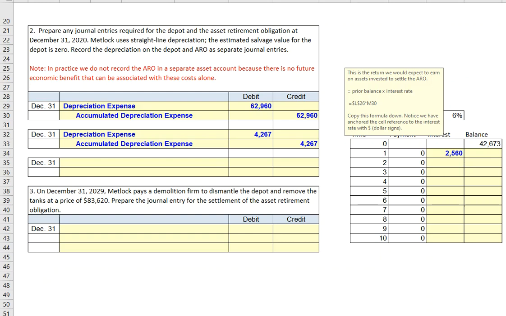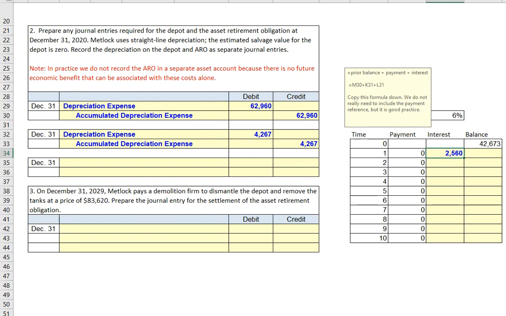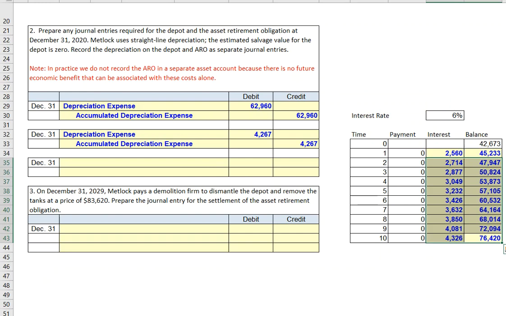The new liability would be the prior balance of $42,673 plus the accrued interest of $25.60. And we can copy that formula all the way down our table.